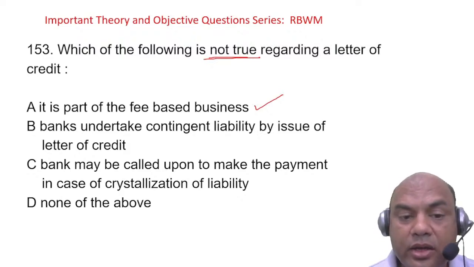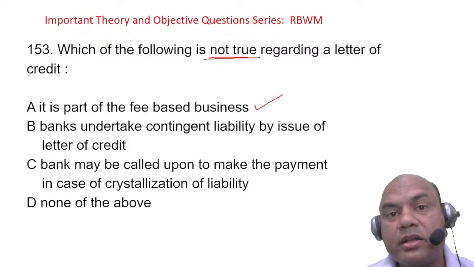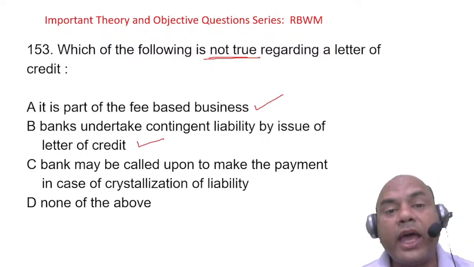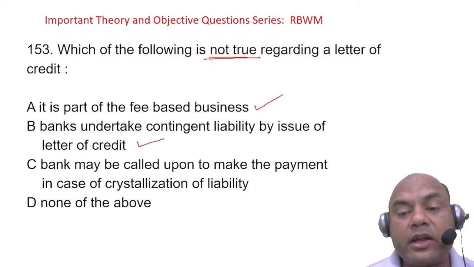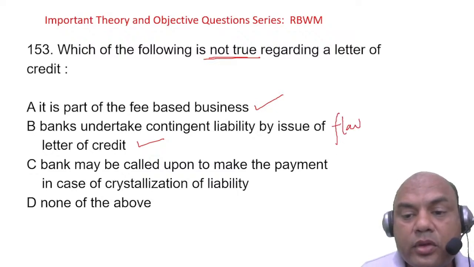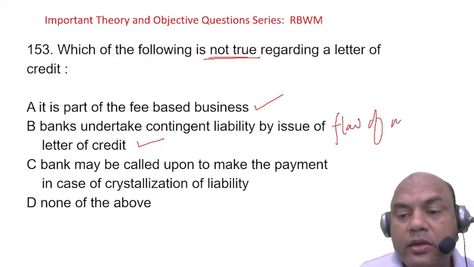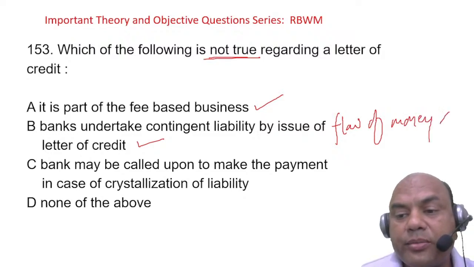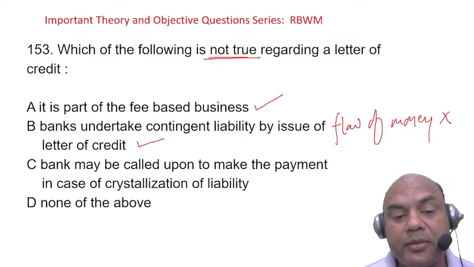Contingent means right now I don't have to give the money, but in future I may have to. That is known as contingent, where the actual flow of money is not there right now, but in future it might be.